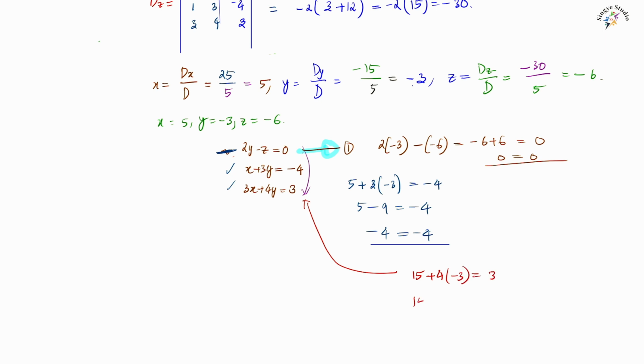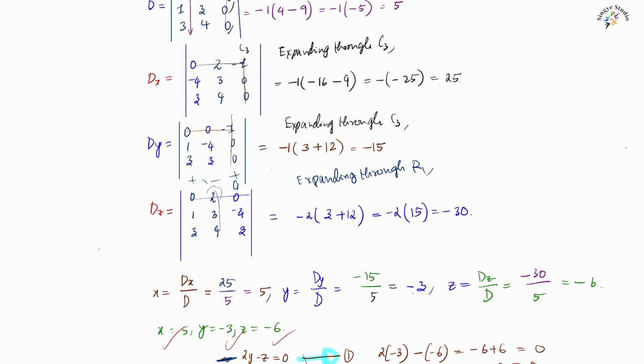So we have 15 minus 12 equals 3. So 3 equals 3. Therefore, using the values of x, y, and z, it satisfies all of the equations. Therefore, x equals 5, y equals negative 3, and z equals negative 6 is the solution of this system of linear equations.